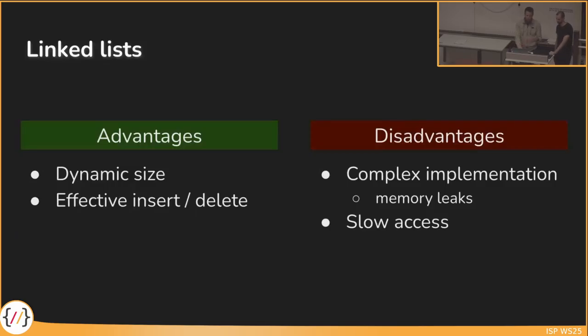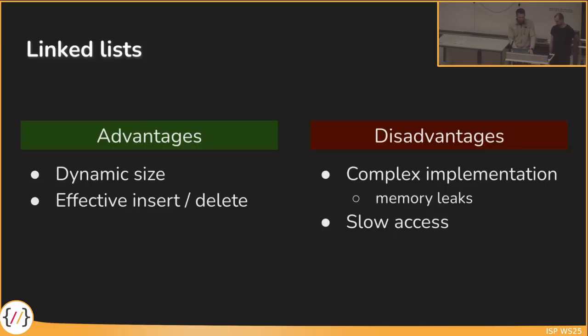The first advantage, as we just mentioned, is the dynamic size. In contrast to arrays, where we always have to specify the size of an array, linked lists can grow and shrink dynamically. So we do not have to specify whether we want to have a playlist of 2, 10, or 100 songs, as they can grow dynamically.